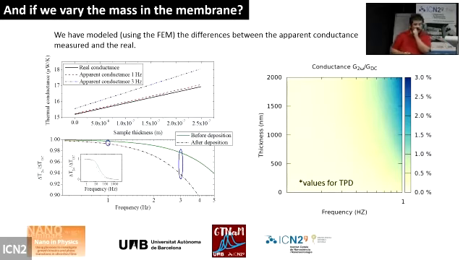Of course, there is a problem. If we want to monitor during a growth, we will be changing the heat capacity, and how much will that affect our measurement? This is something that we can easily model, and this is done for TPD. I will show you what TPD is later on. TPD is a hole injector, an organic molecule; in that case, it will be a film made of a set of organic molecules.